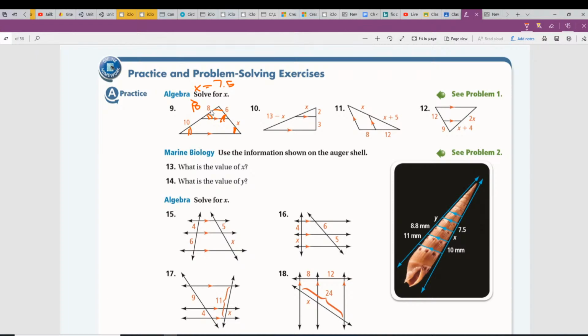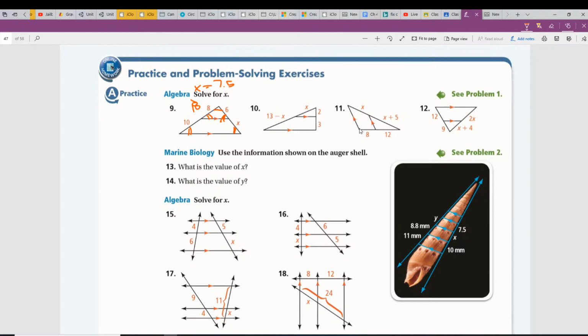So the side length is basically the thing we're taking out here. The 8 and the 6 we're taking out is proportional to the 10 and x we have. So basically these are proportional. Okay, moving on.